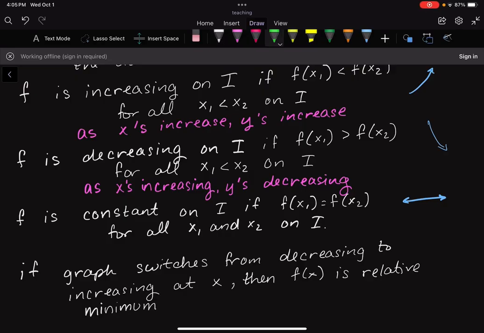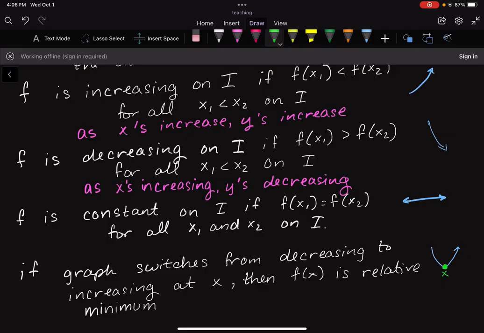And let me explain what's happening here. Our graph is decreasing, so it's going down in some way. And then it gets to this certain x value, and then it starts going up. So at this x value, wherever it changed from decreasing to increasing, that is going to be considered our relative minimum for our y value.